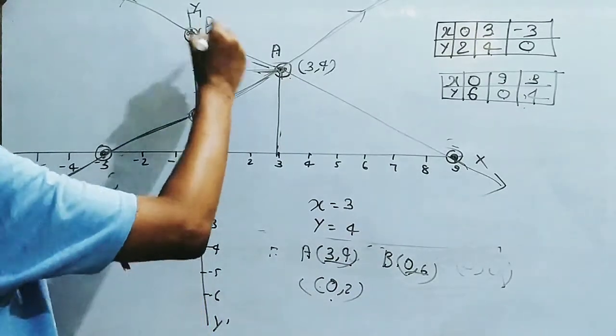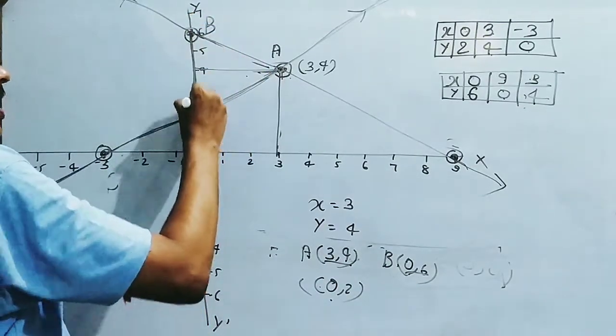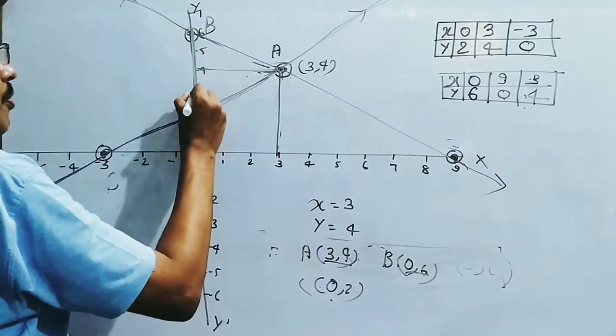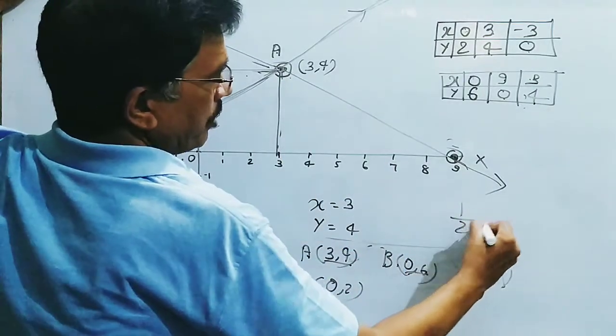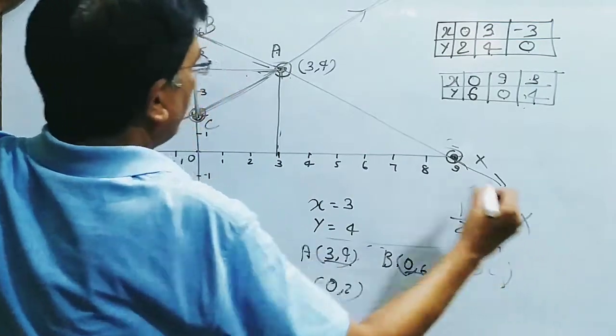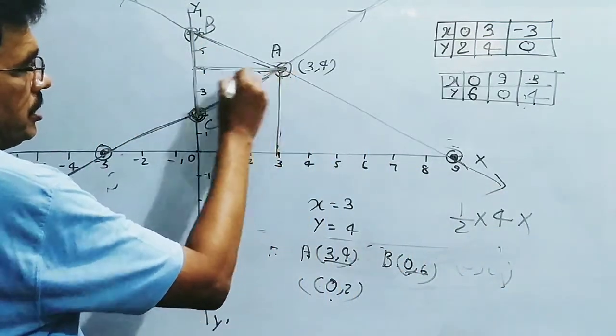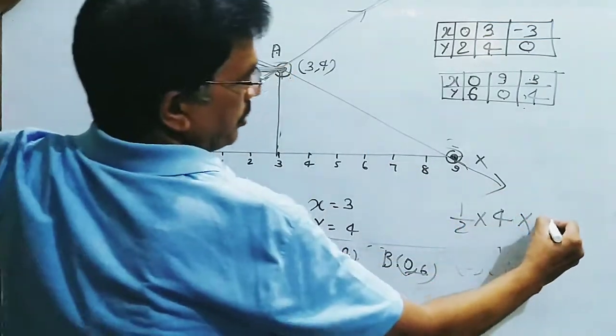Now what is the area of this triangle? Area, it is the base. So how many steps? 1, 2, 3, 4. So area of triangle is 1/2 into base, that is 4, and height is this, and height is 3.